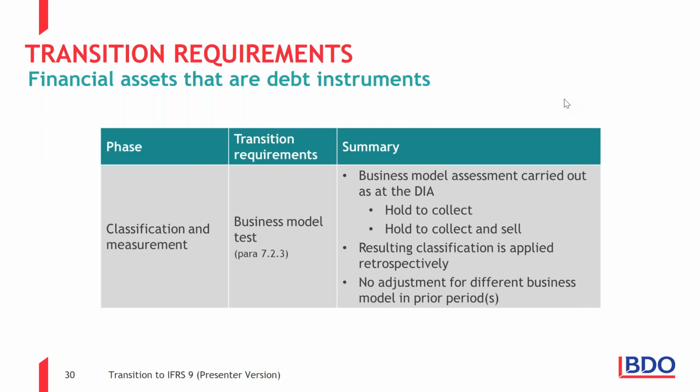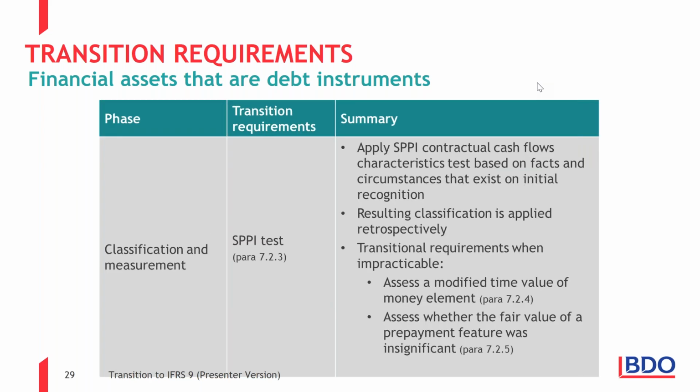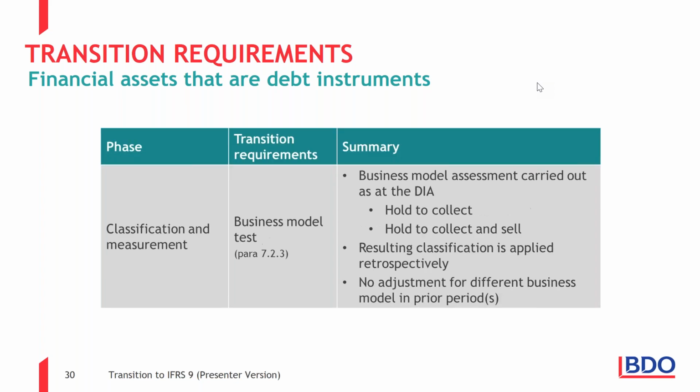And it will result in a classification that is applied retrospectively. So there's no adjustment for different business models that existed in prior periods or the prior period, the comparative year. So they've given us a date, the date of initial application. That is the date that you assess your business model. And if you look at your SPPI test, it is the date of initial recognition.